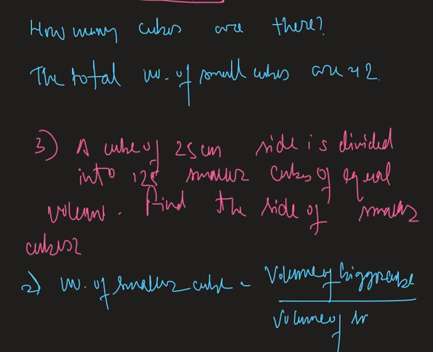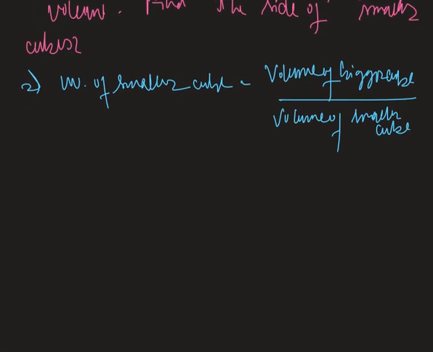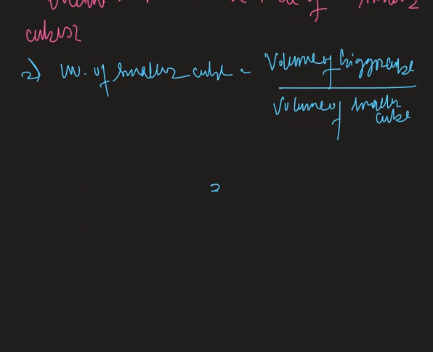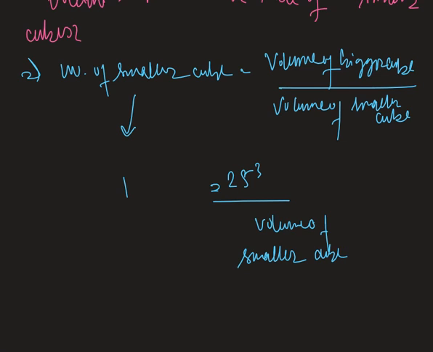We already know this formula. So therefore the required number of smaller cubes is 25 cube divided by the volume of the smaller cube, and this is given in the question, which equals 125.